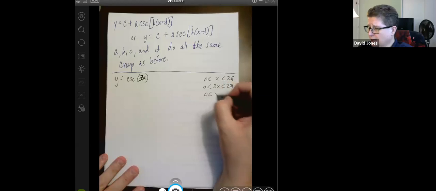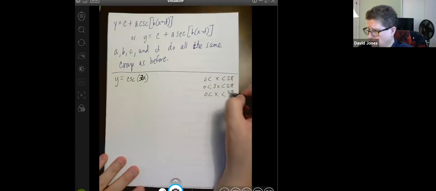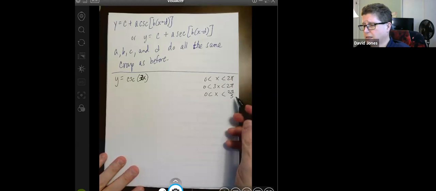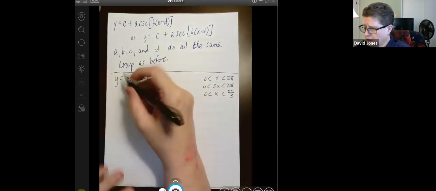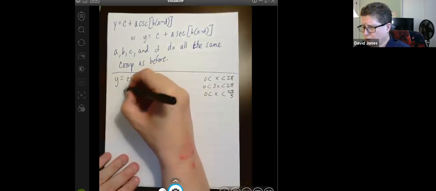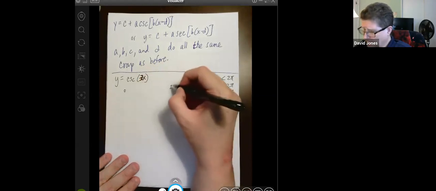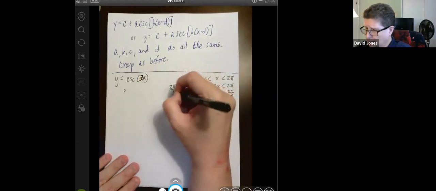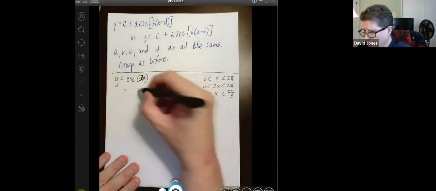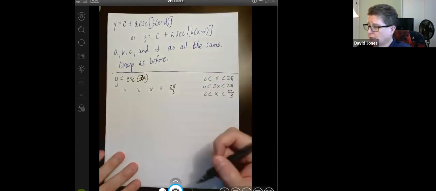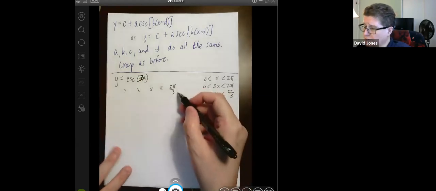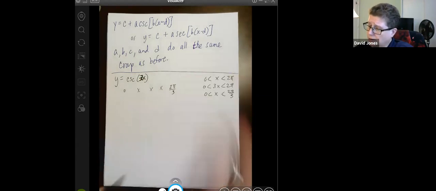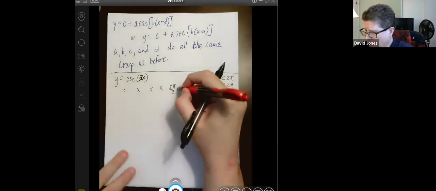Divide by 3. So we're going from 0 to 2 pi over 3. And I want 3 points in between. Easiest way to do this is maybe multiply by 2. That way I get a 4 pi on top.